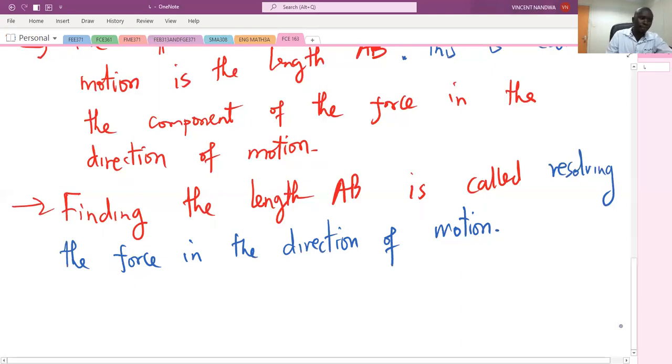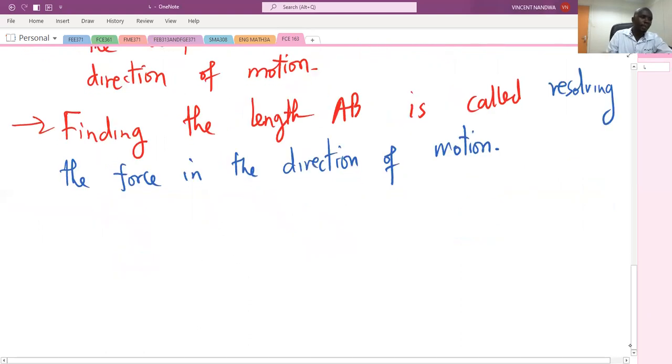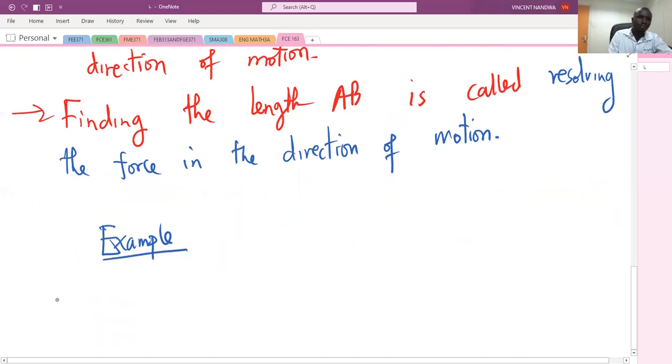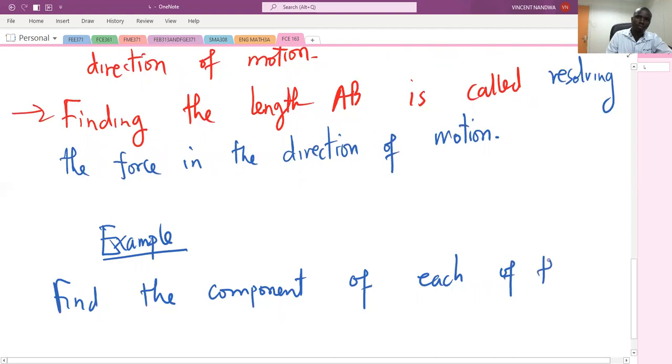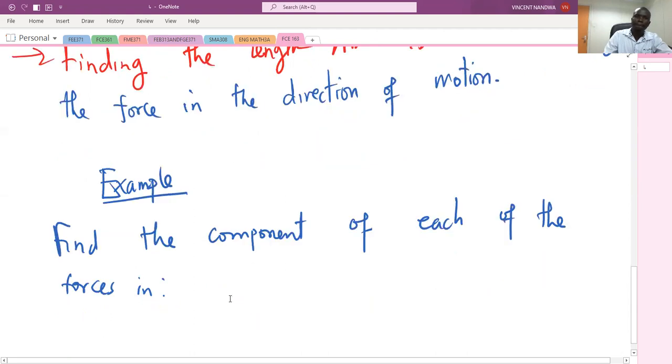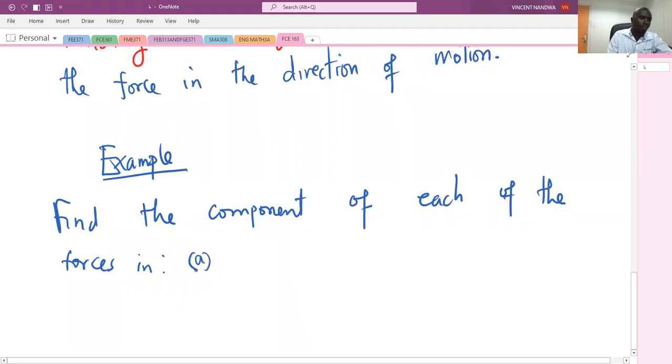So for example, find the components of the force in part A, the X direction, part B, the Y direction.